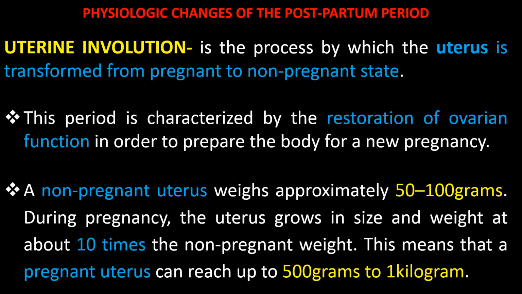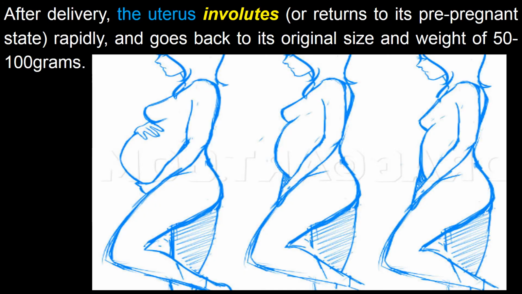So kung kanina po, or noon yung non-pregnant uterus, I should say, is only 50 to 100 grams, nag-times 10 yung size and weight ng pregnant uterus. So this means that the pregnant uterus can reach up to 500 grams to 1 kilogram.